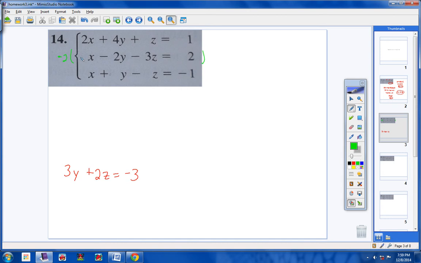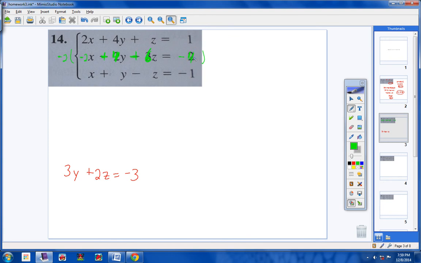So negative 2 times 1 is negative 2. Negative 2 times negative 2 is a positive 4. Negative 2 times negative 3 is a positive 6. And then negative 2 times 2 is a negative 4.